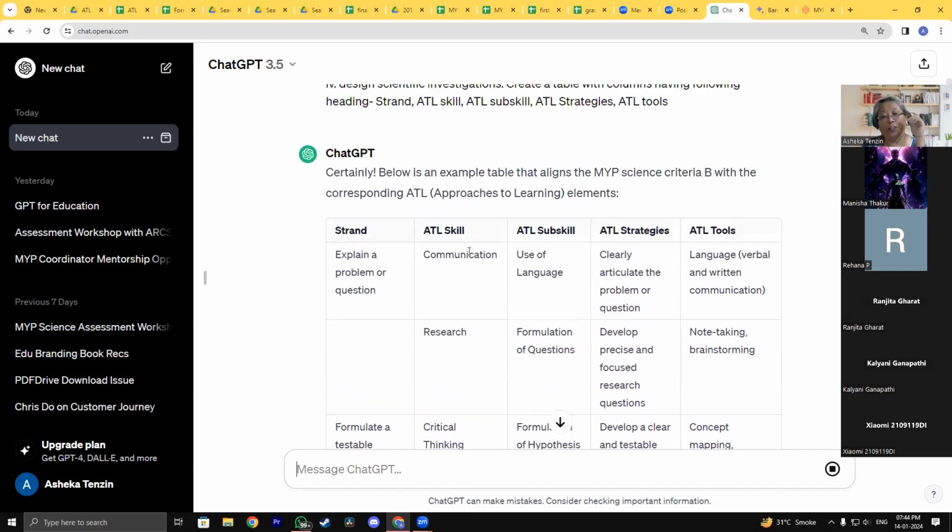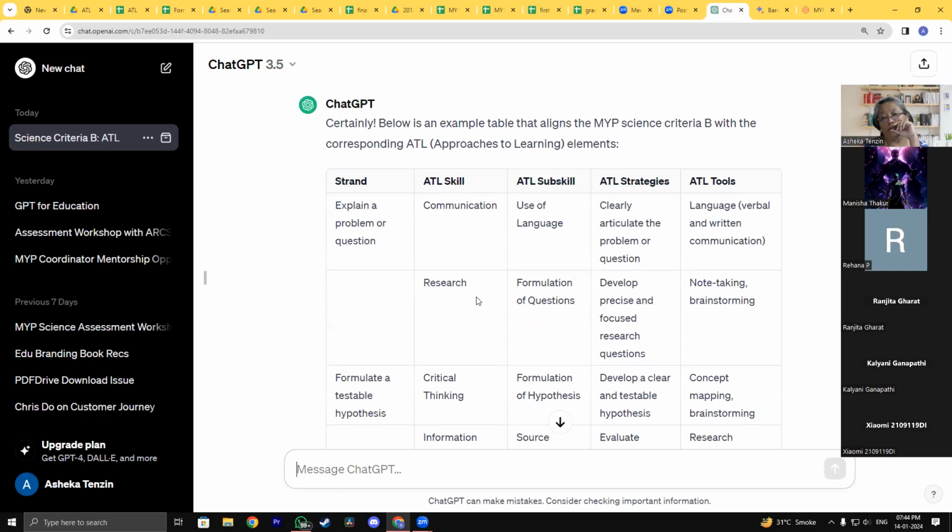So look here, when you are having your strand, explain a problem or question. What ATL skill can be taught? Communication, use of language, and written communication, whether they are using those scientific terminologies or not. Research, formulation of questions, whether they know how to write a research question.